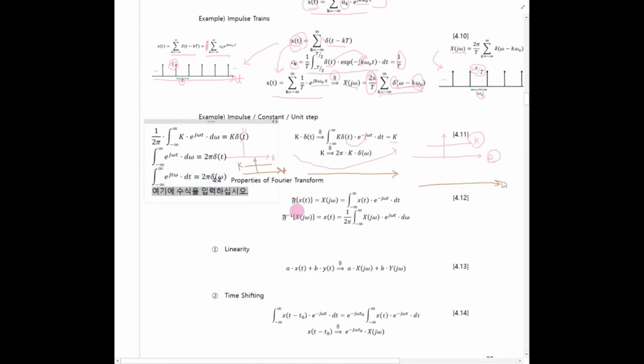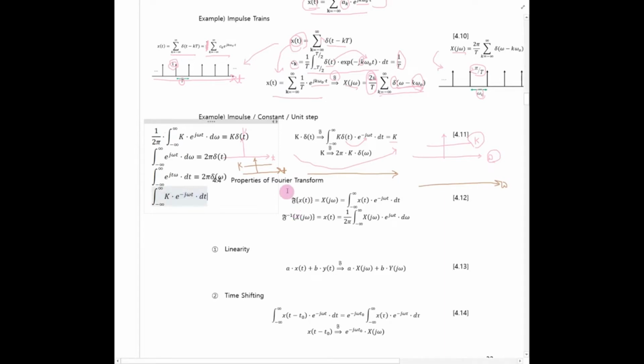The Fourier transform can be taken by integration from minus infinity to infinity of k times e to the minus j omega t dt.